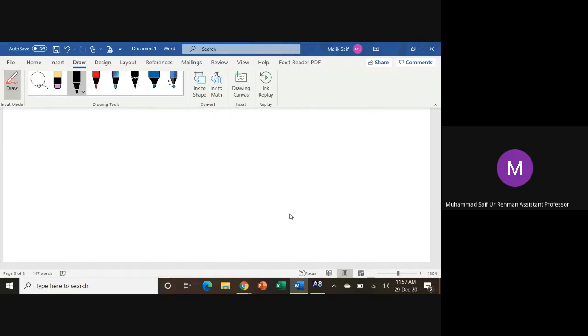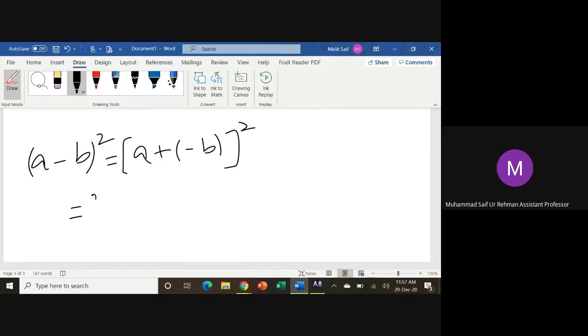Similarly, if you are interested in finding out (a minus b) square, so now you will take b as minus b. Let us say I'm going to write it as (a plus minus b) whole square. So you can write it down in this way. So now again 2c0, you will start from 0.